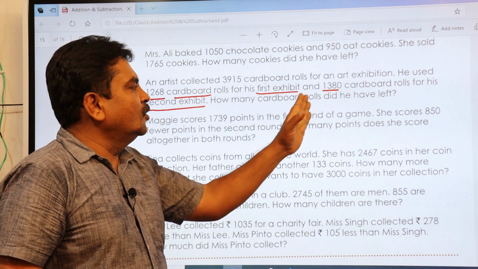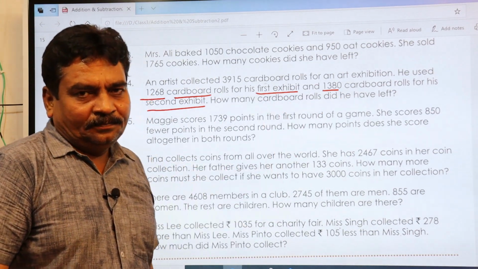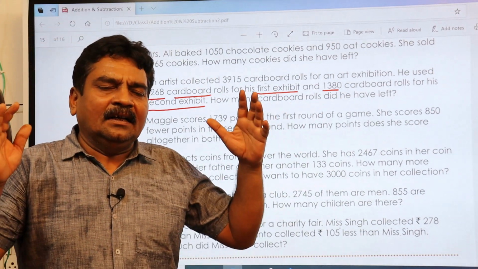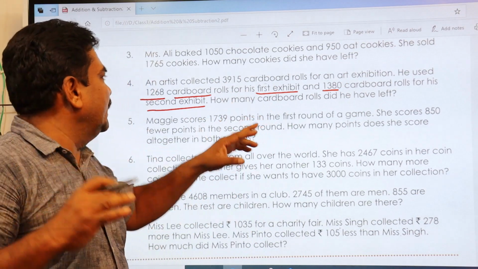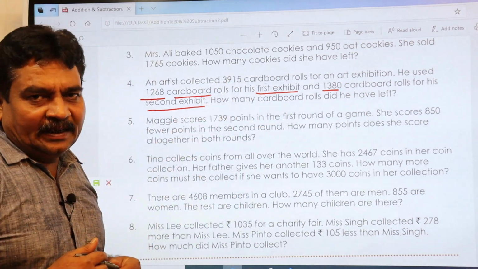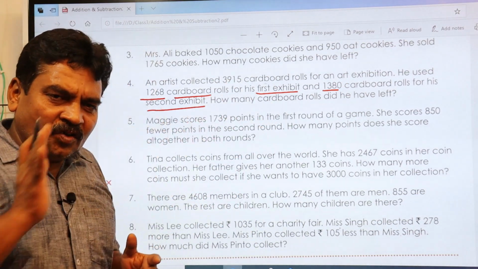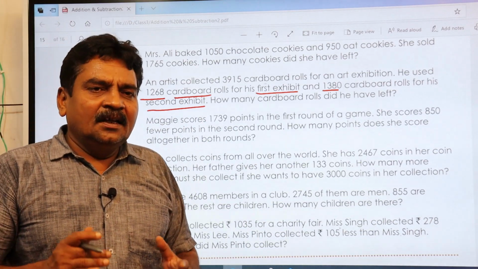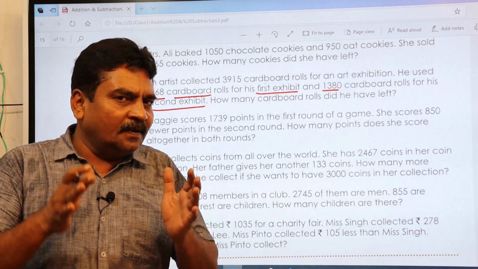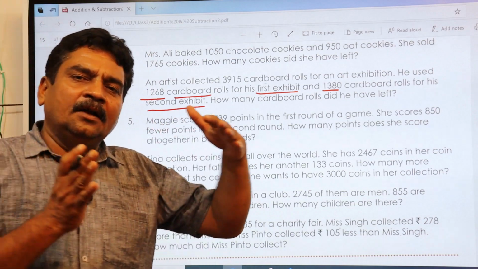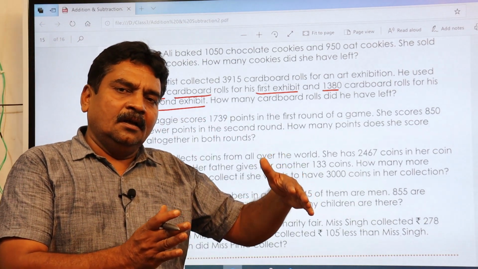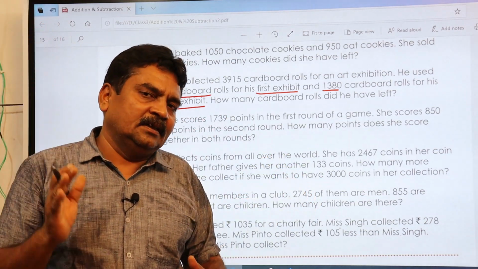How many cardboard rolls did he have left? Actually, he collected 3,915. Out of that, he used some for the first exhibition and some for the second. Then how many did he have left at the end?